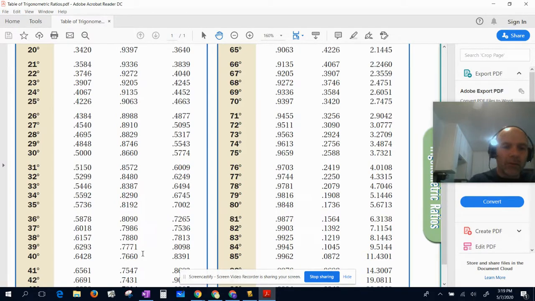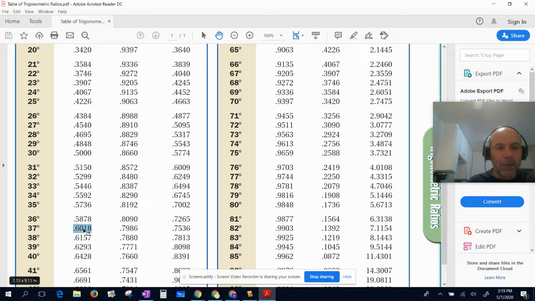Okay, so what do we see here? We see that right here at 37 degrees, sine is equal to 0.6018. And at 36 degrees, sine is equal to 0.5878. So it looks like our angle is going to be super close to 37 degrees, but it doesn't hit perfectly, does it?